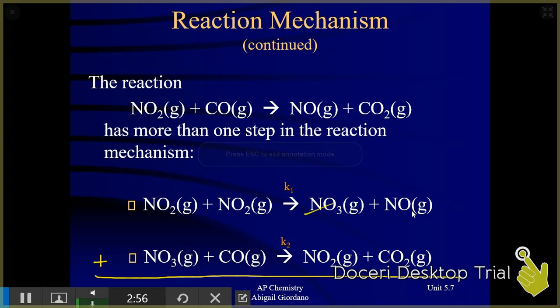For example, I've got NO3 gas on opposite sides, so I can cancel that out. I see something else, I can get rid of one of those NO2s. And everything that remains, everything I did not cancel out, leaves me with what we call the overall balanced reaction up at the top.